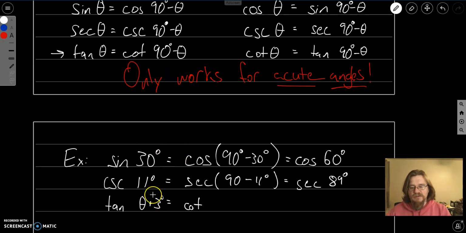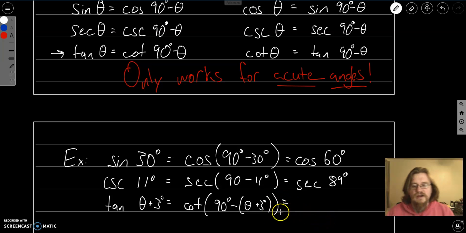So if I want the complementary angle to this one, I'm just going to take 90 degrees and subtract this. I'm going to take away the theta plus 3. And so then if I were to add this angle and this angle, those would cancel out and I get 90 degrees. So that's quite nice.